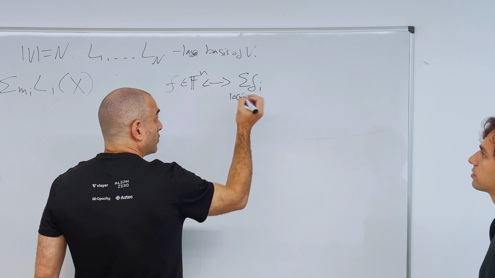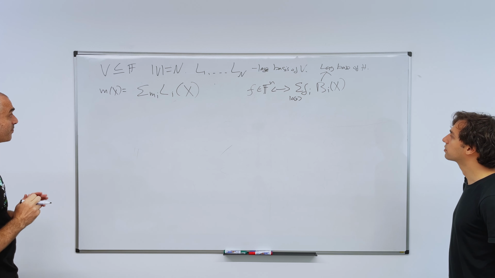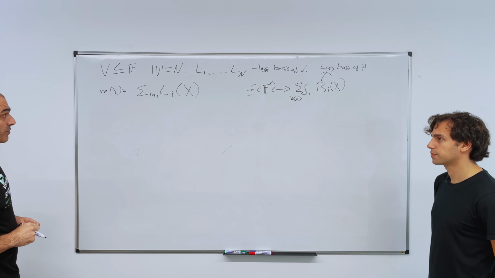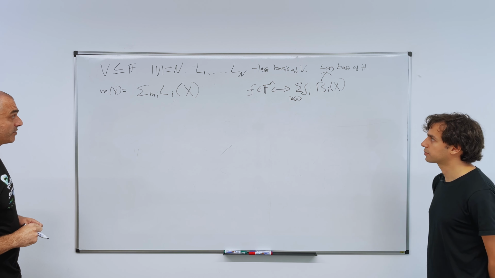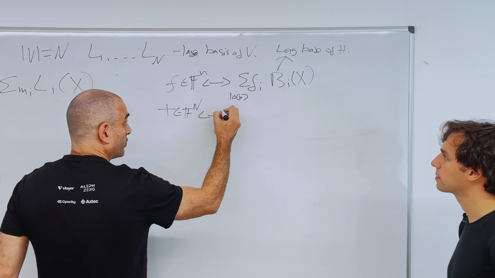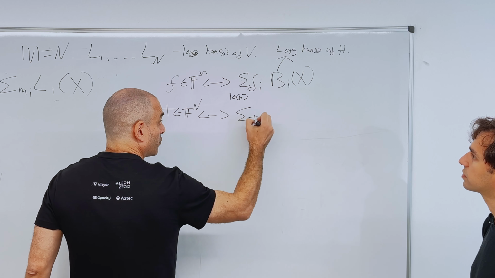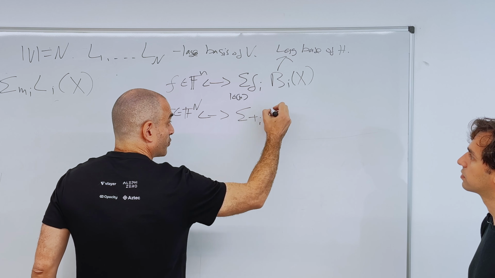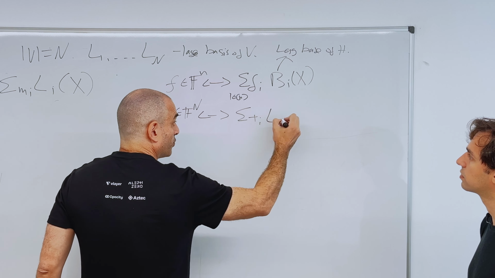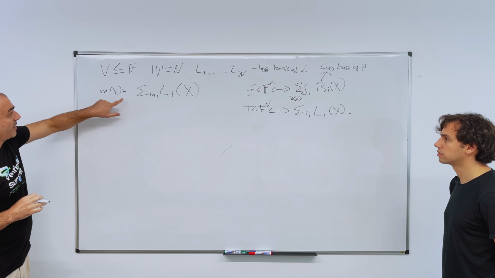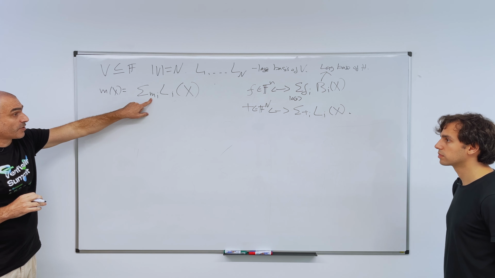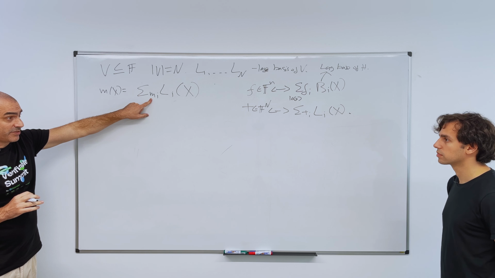H, we're still thinking of as a subgroup of order little n. And maybe to make it clear, we're thinking of t as a vector of size big N, or equivalently a polynomial where the values are encoded over this bigger subgroup V. And again, m_i's are the multiplicities of the elements.